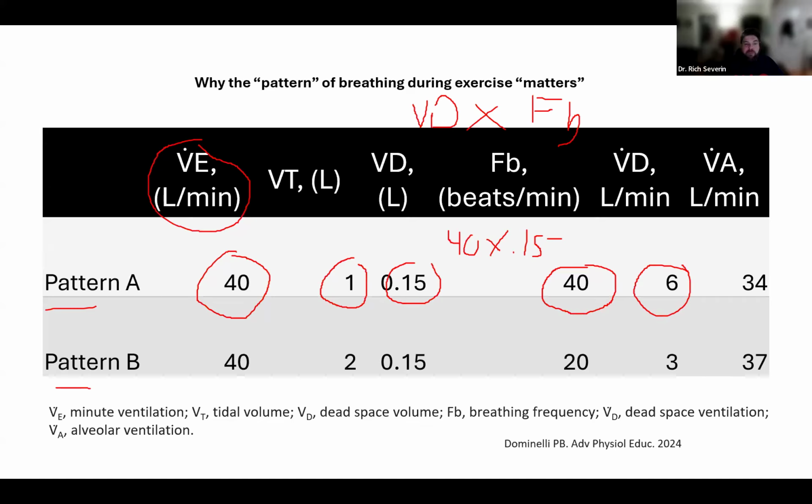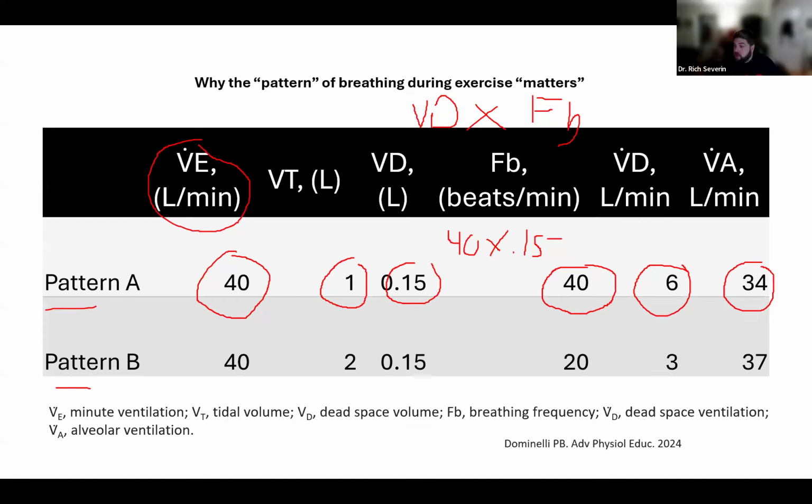So of the 40 liters per minute of air that we breathe in, 6 of that is lost to dead space, does not contribute to gas exchange, meaning only about 34 is actually getting to the alveoli. So we lose about 6 in this example.